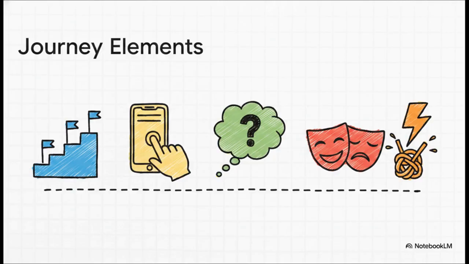Are they scrolling, typing in details? Third, we have thoughts, which is basically their internal monologue. Fourth, emotions. How are they feeling? Happy, confused, frustrated? And finally, the 5th element, which honestly is arguably the most important: pain points. Where exactly are they struggling? Mapping all 5 of these gives you this incredibly complete psychological and physical profile of the interaction.